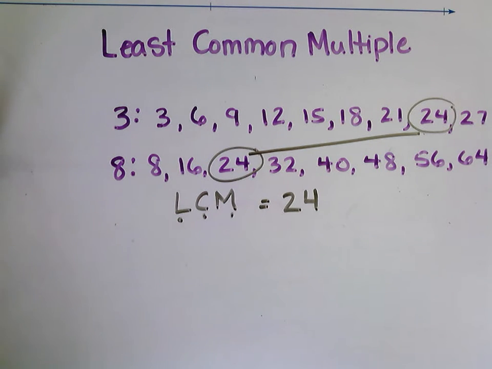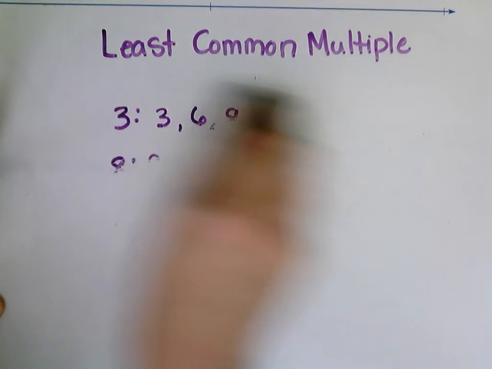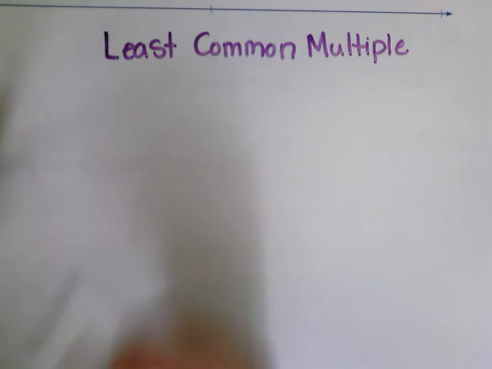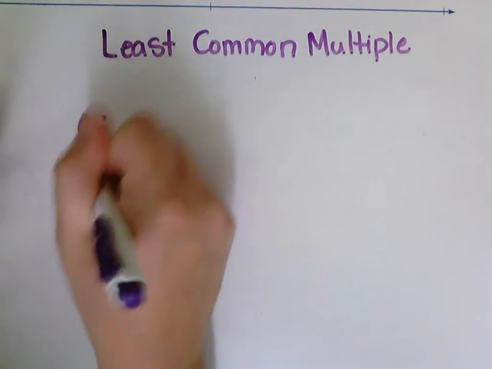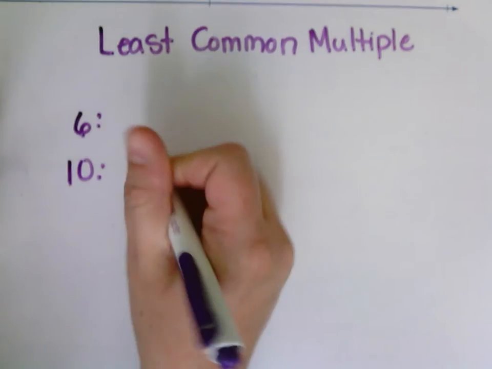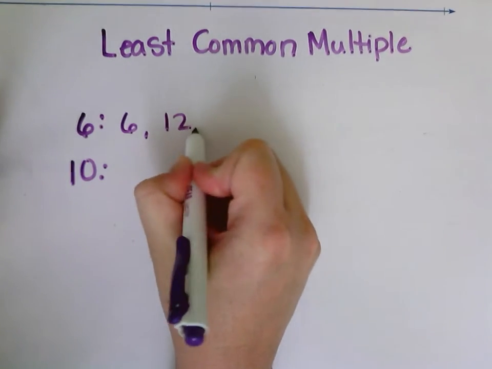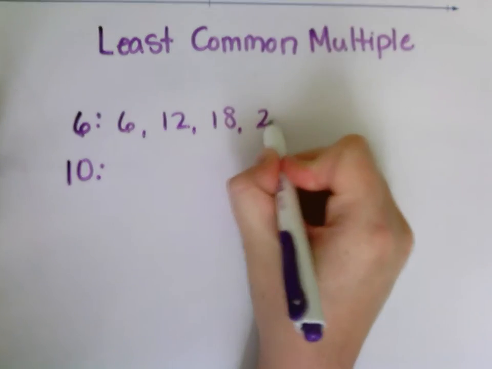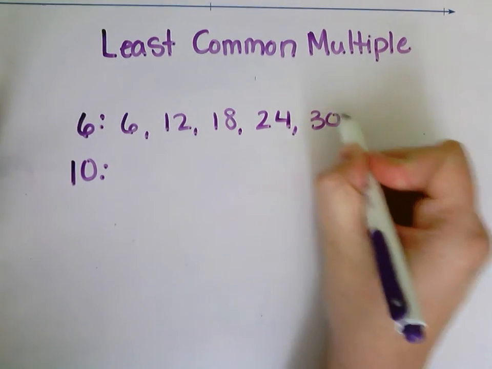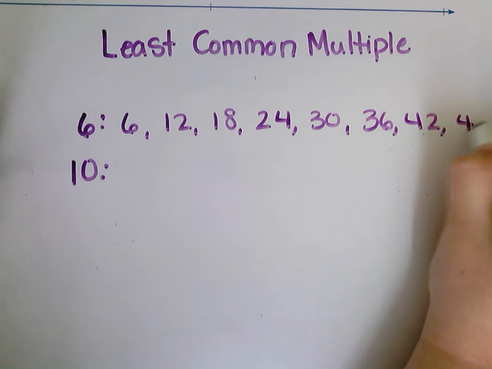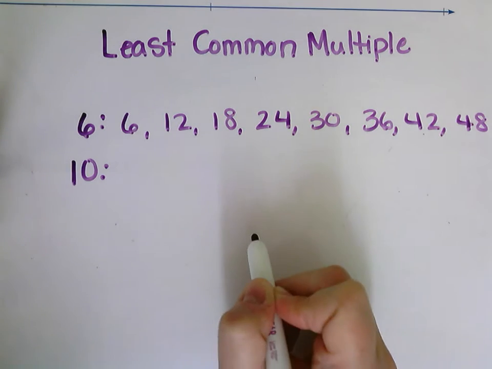All right, let's try another example. Let's find the common multiples of 6 and 10. 6, I'm going to count by 6. 6, 12, 18, 24, 30, 36, 42, 48, and so on.